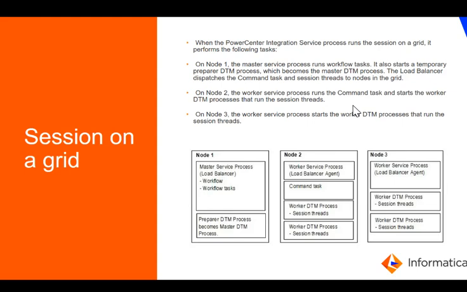Let me clarify this. Let's forget about the command task and the other tasks for a bit. Let's suppose there is one session task that comes to the master IS process to be executed. That session itself is configured to run on a grid, which means that it has to be disintegrated further. That means there will be multiple processes on each of those nodes for that same session, multiple DTMs.